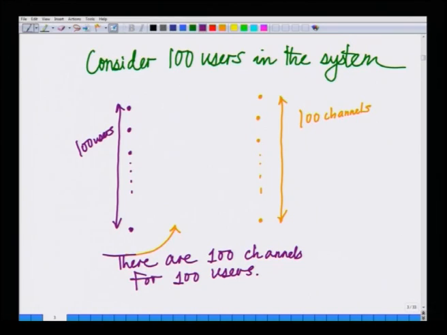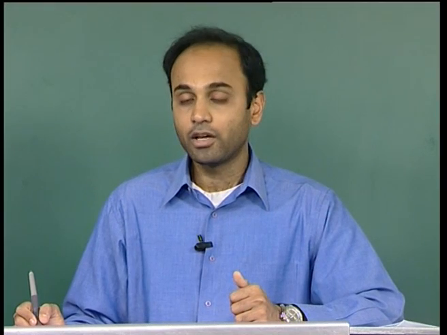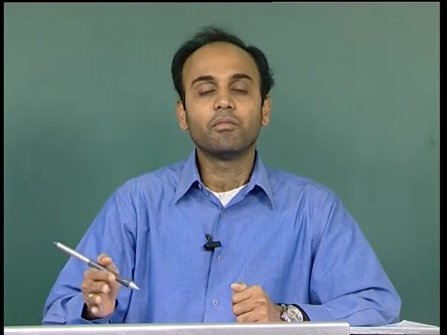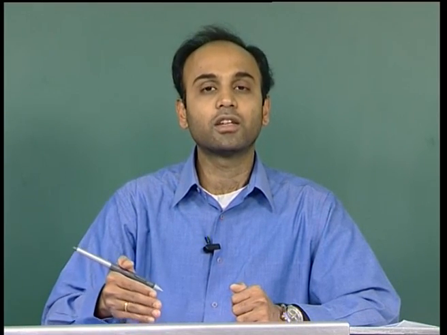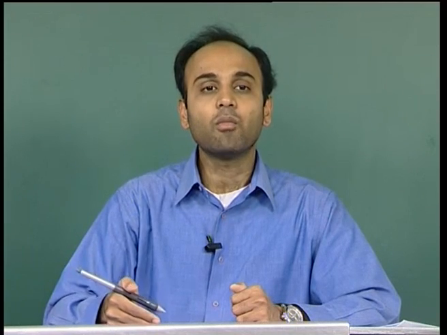However, remember, if I have 100 channels for 100 users, each user has his own channel. This is a tremendous wastage of resources, because at any given point of time only a very small number of users are actually connected to the system, or not all the users wish to be connected; there is no traffic demand from all the users.